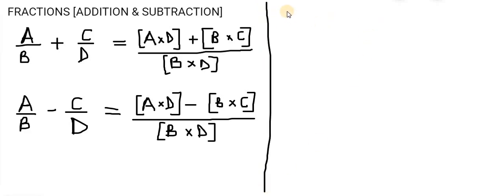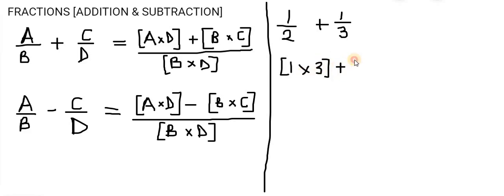So, 1 over 2 plus 1 over 3. If I go through that process, it would be 1 times 3 plus 2 times 1.